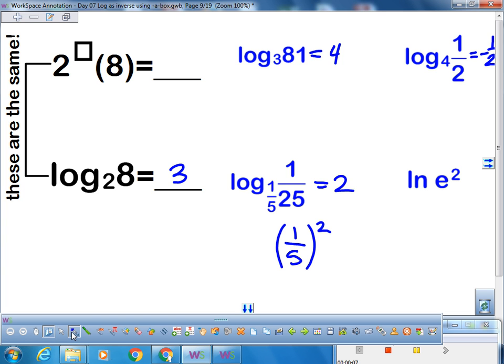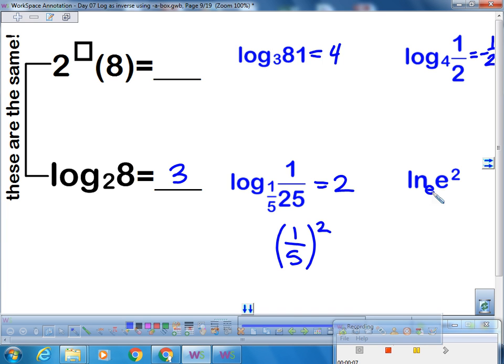But this basically has an invisible E right here. Whenever you see ln, it's got an invisible base of an E. Okay? So E to the what makes E squared?